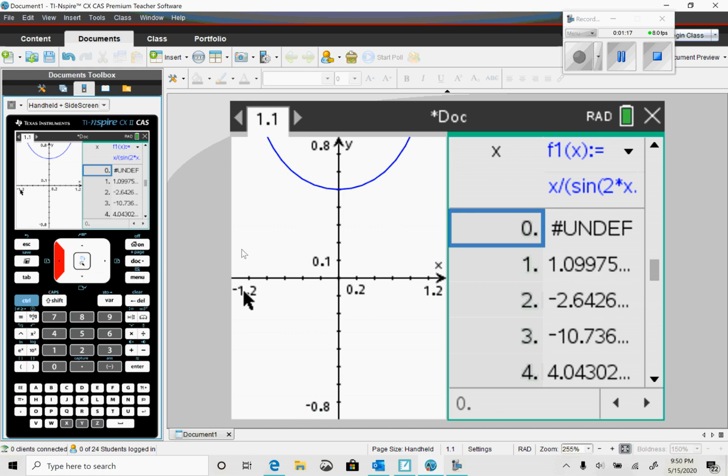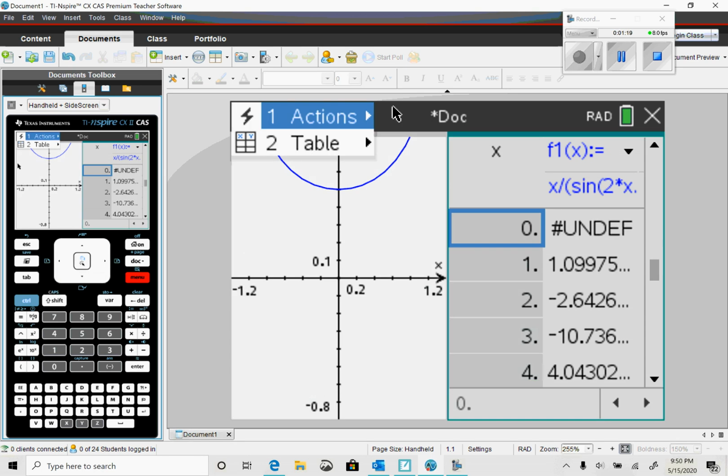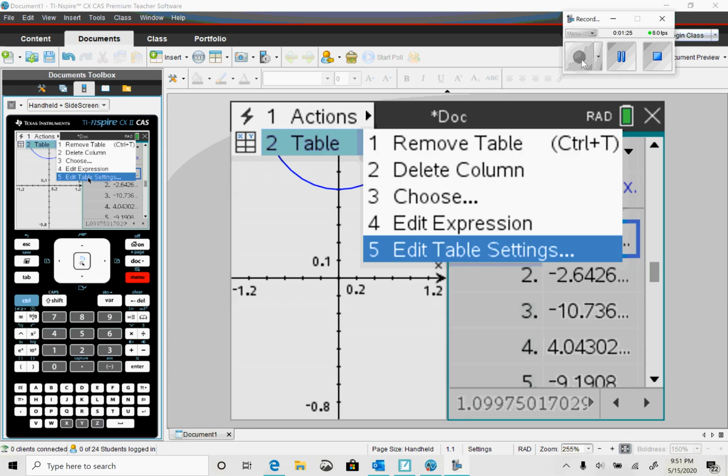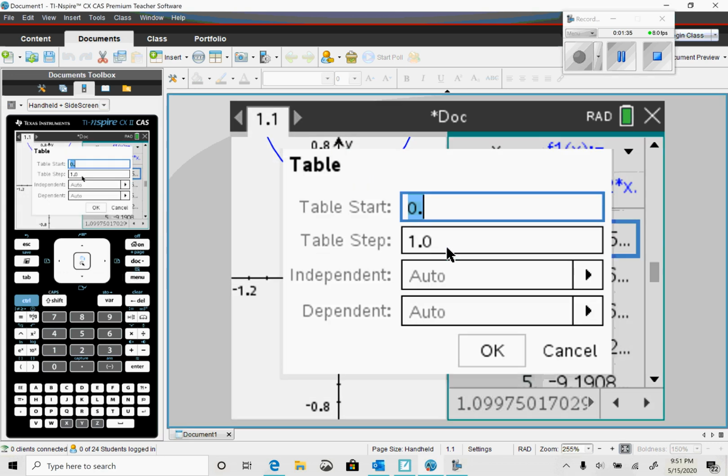So we then have to go to the menu, do a few things to change the table, where we will edit the table settings. Instead of whole numbers, let's see what's going on at 0.01.